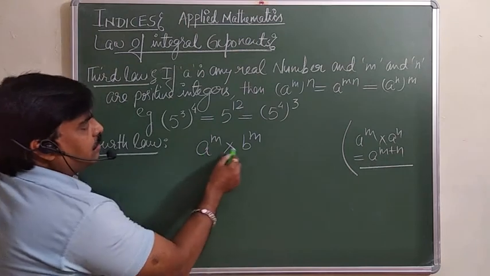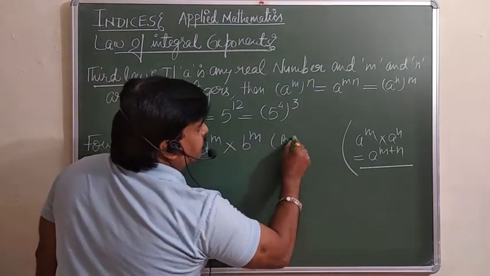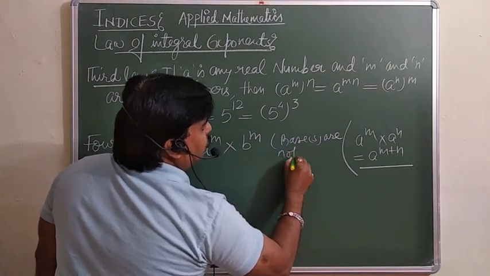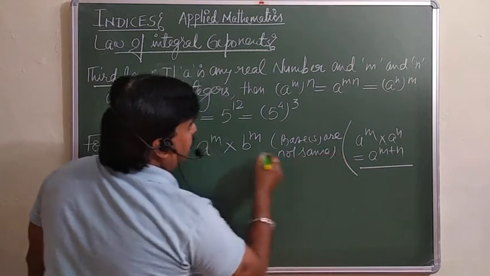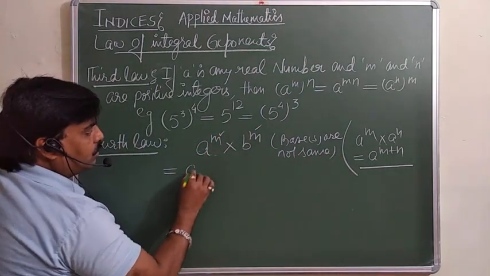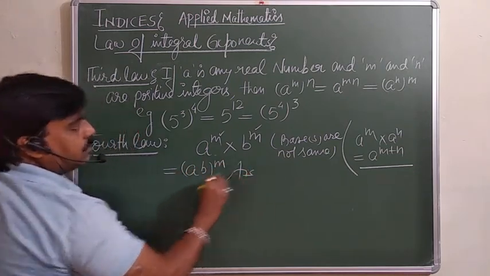But now the bases are not the same, but the exponents are the same. So in that case, you are supposed to do the product of the bases. This is the answer.